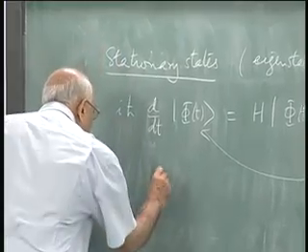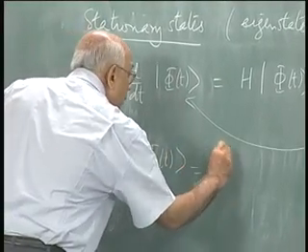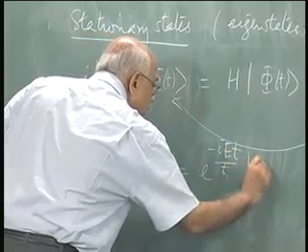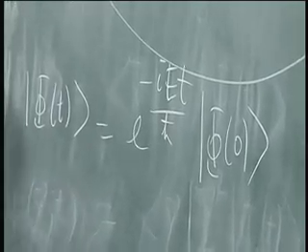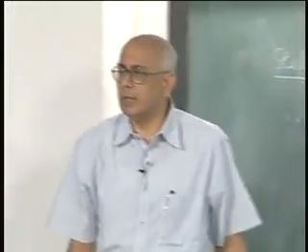Then it immediately follows that phi of t is e to the minus i E t over h cross times phi of 0. It immediately follows, in other words, that the Schrodinger equation is solved trivially for an eigenstate of the Hamiltonian.